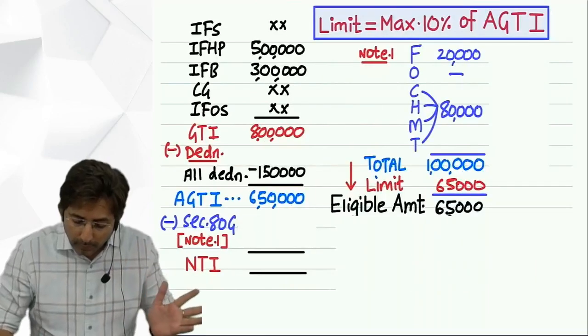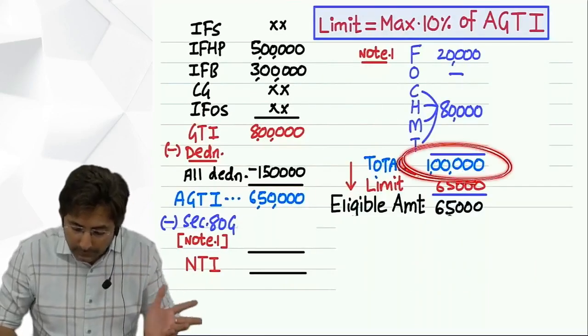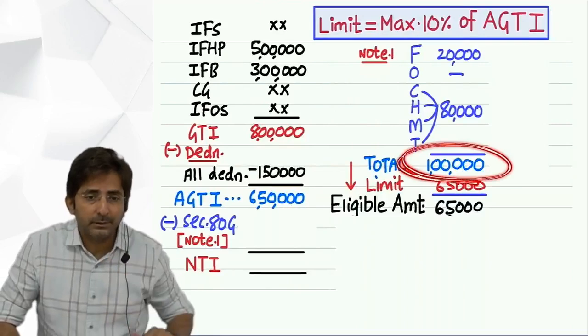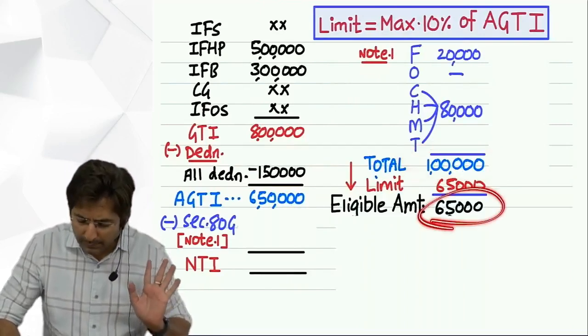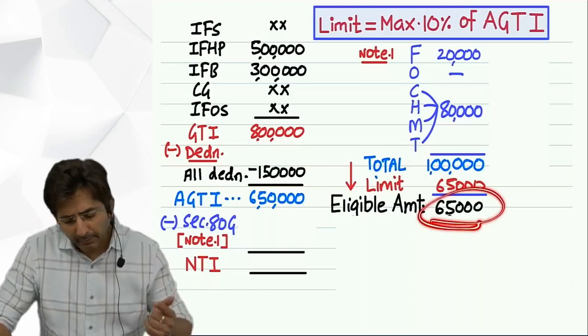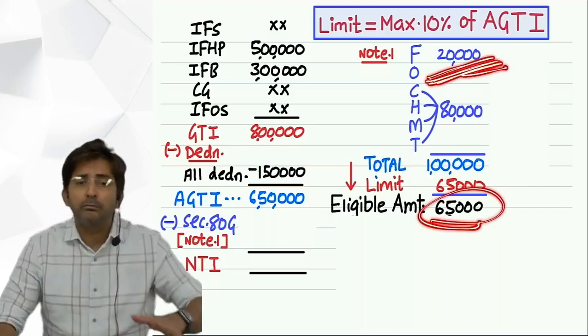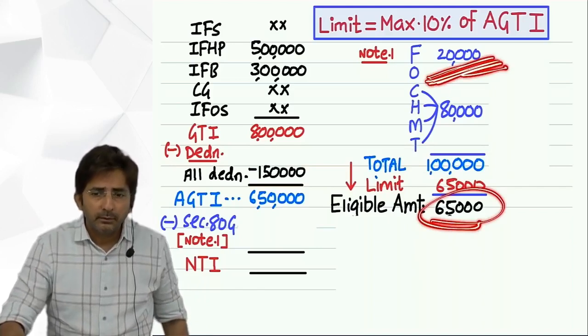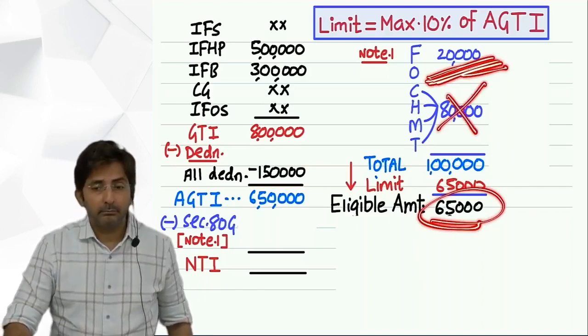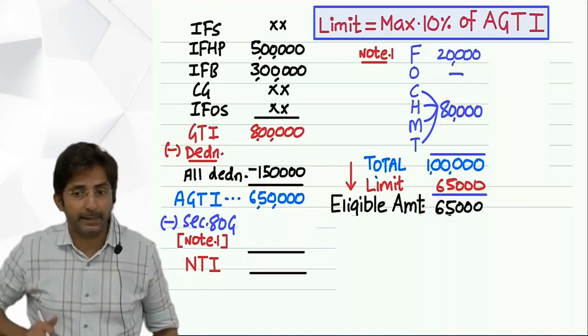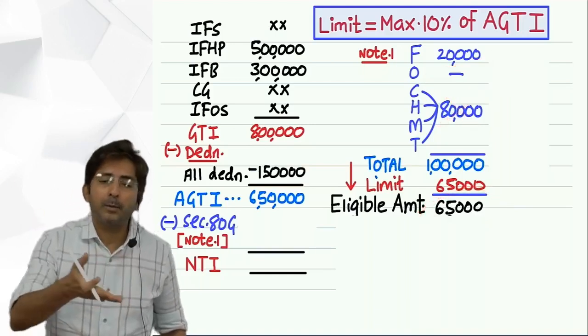Although the government will not consider my 1 lakh donation, 1 lakh is what I have donated. They are considering only 65. So I will say consider this 20,000 in full. I will compromise on Chamat, but I will not compromise on family planning.